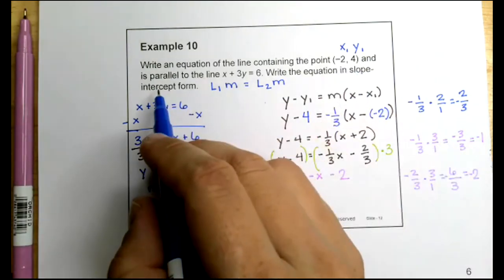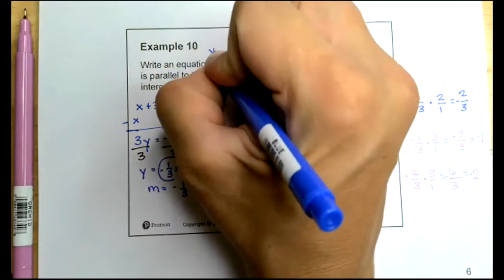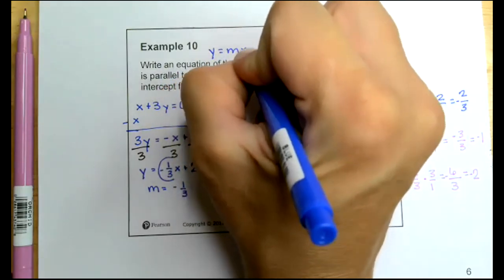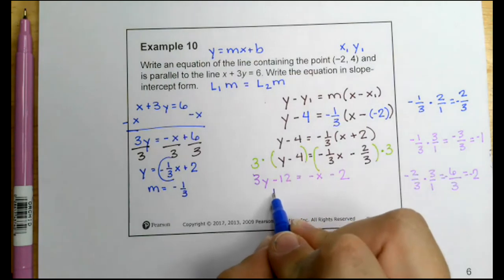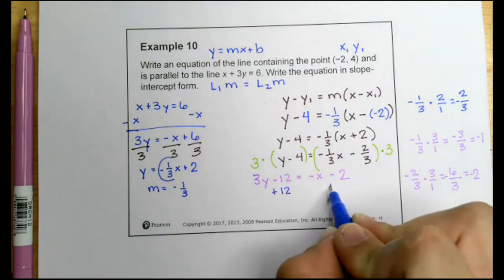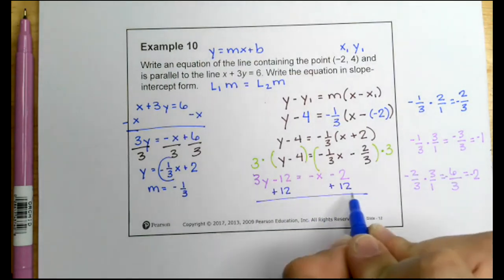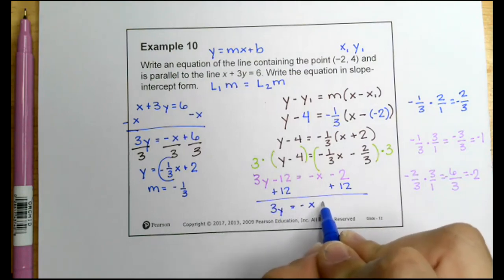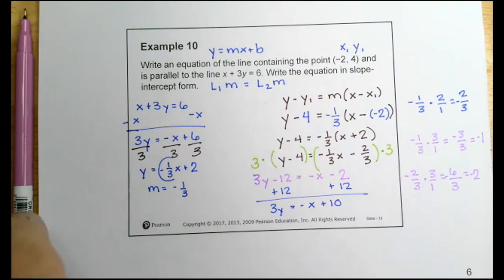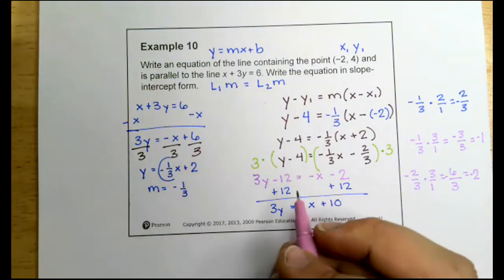Write the equation in slope-intercept form. That's this form. So I need to move the 12. 3y is -x plus 10. And then we're going to divide by 3.